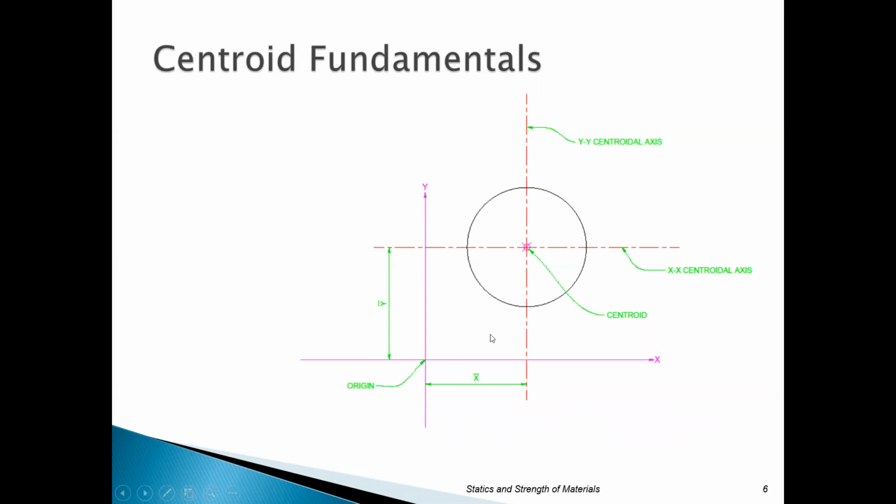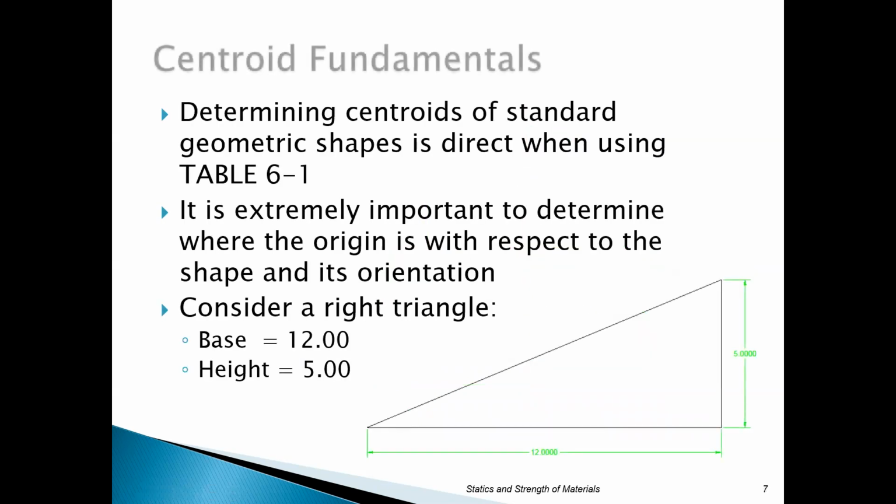All right, so do keep in mind, we can put the origin anywhere, okay? And in fact, the origin, instead of being here, where these values are positive, could be over here. So you can have negative values of centroid y and centroid x. Just depends on where your origin is. Okay, so when we look at determining centroids of standard geometric shapes, we just directly look at that table.